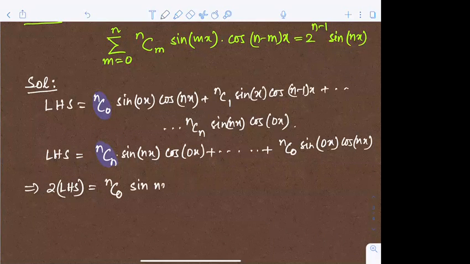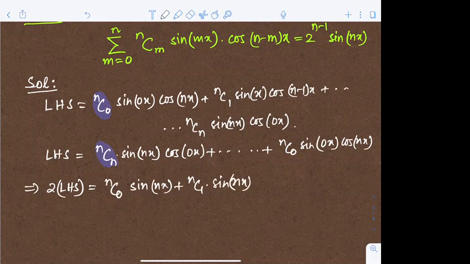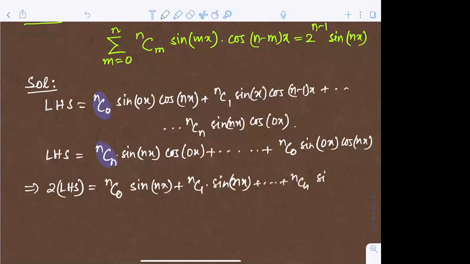Okay, sin nx plus next term will also be nC1 into sin nx, and the last term will be nCn into sin nx.